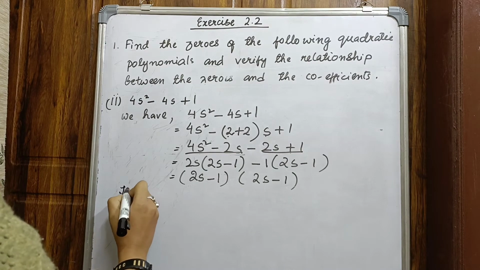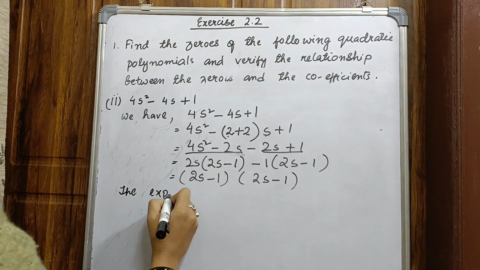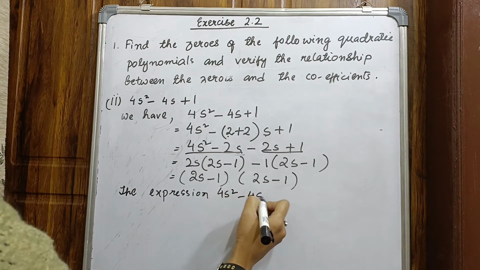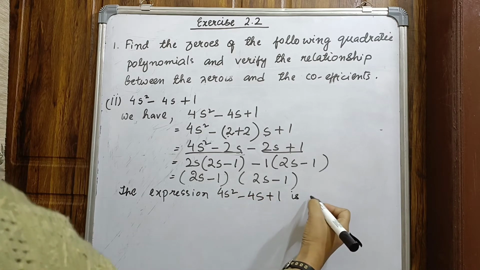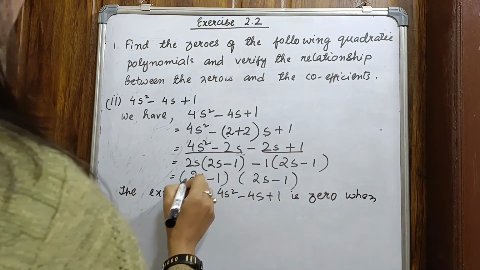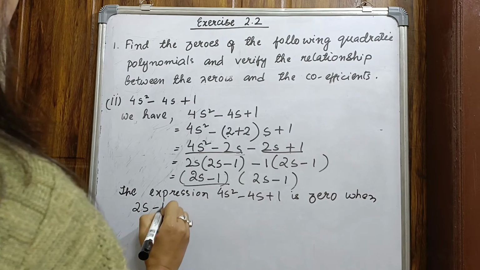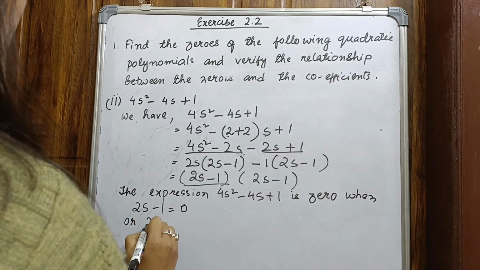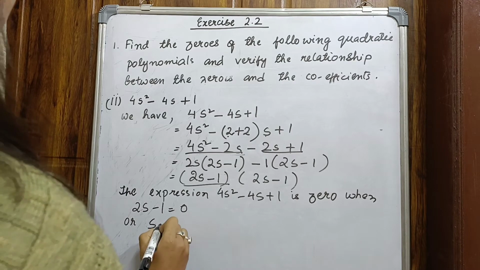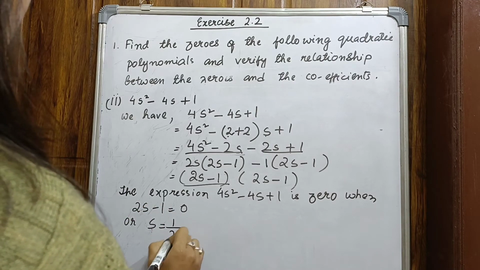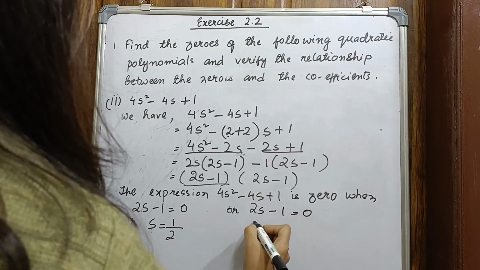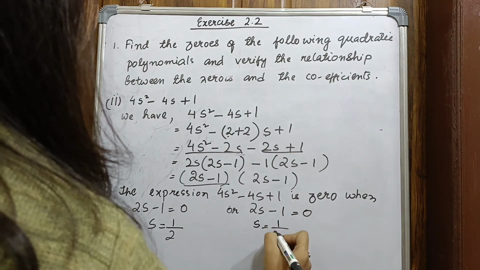So the expression 4s square minus 4s plus 1 is 0 when 2s minus 1 equals 0, which gives s equals 1 by 2, or again 2s minus 1 equals 0, same thing, s equals 1 by 2.